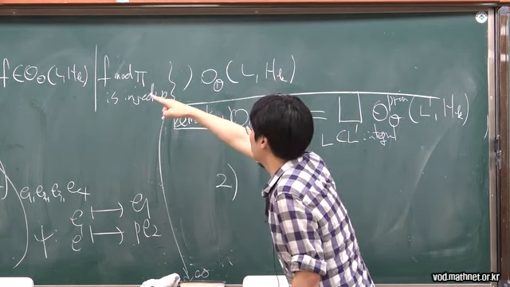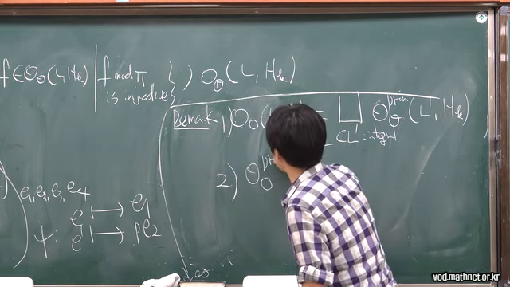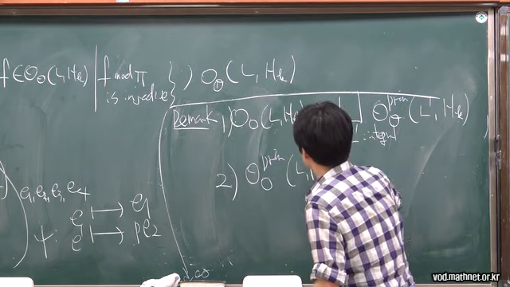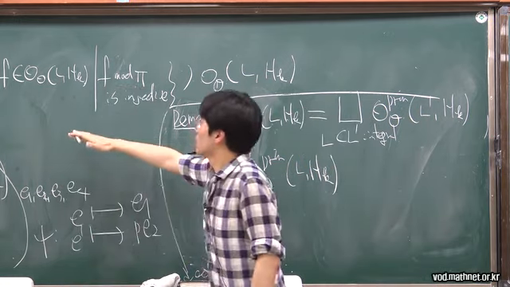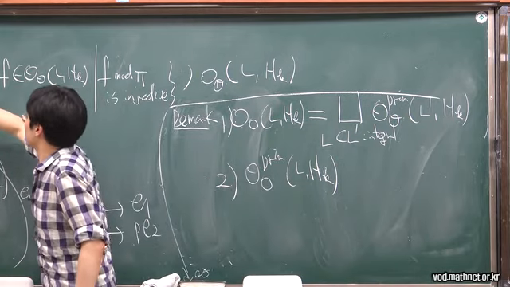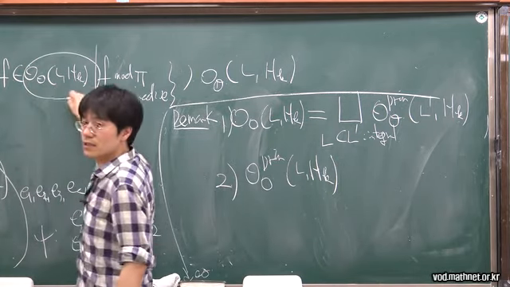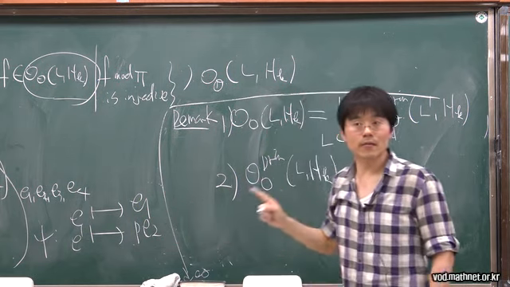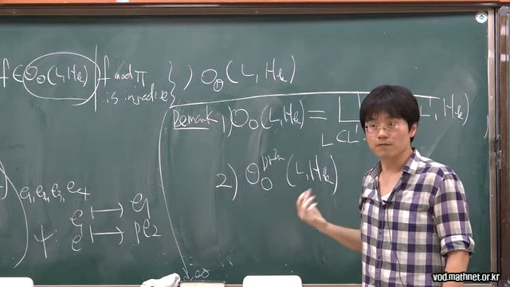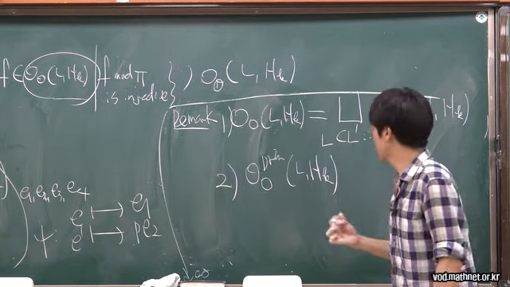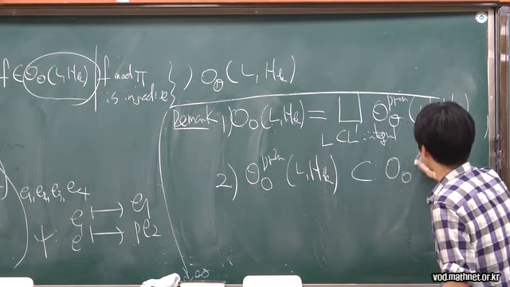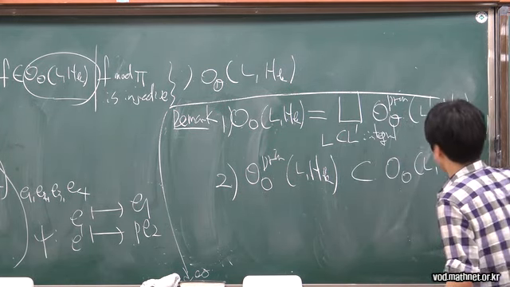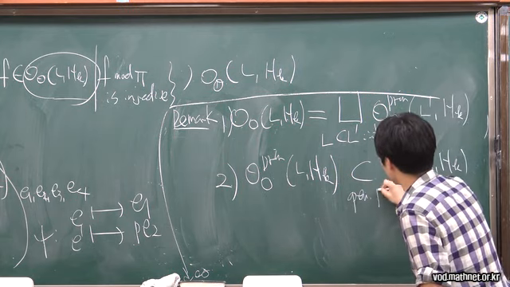Second remark. Now let's consider O primitive (L, H_K). So what is the condition defining this? The only condition defining this as a subset of this is that at least one n by n minor is invertible. Right? It means that this is an open subset of this, open in the p-adic topology.